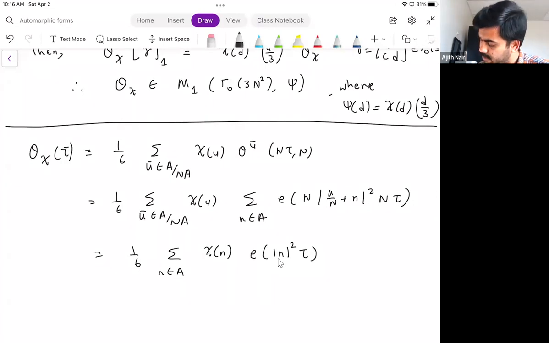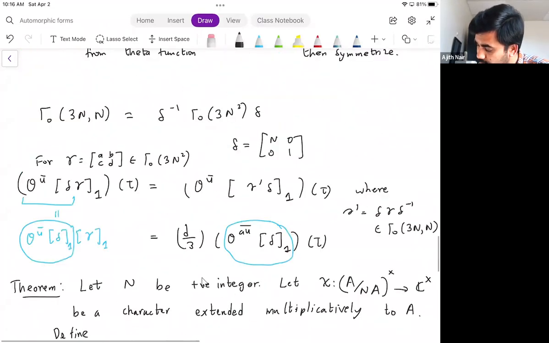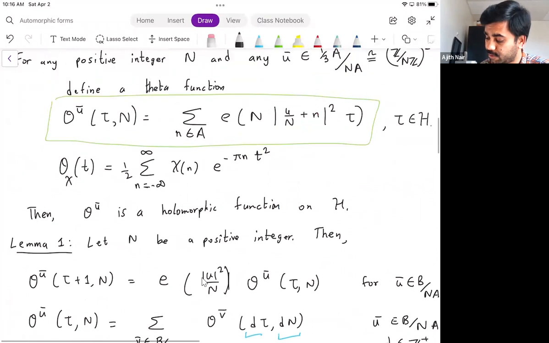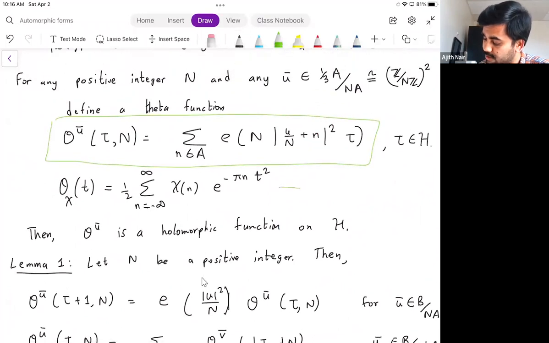Now this should remind you of the classical version. If I go back to the beginning, it's here. This was the classical version of the theta function, chi of n e to the negative pi n t squared.